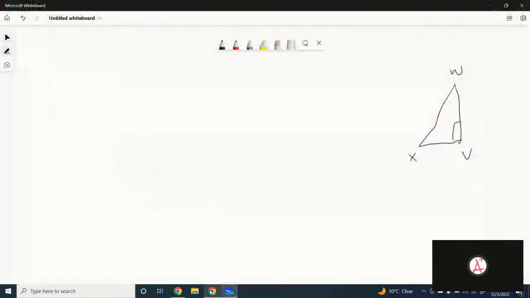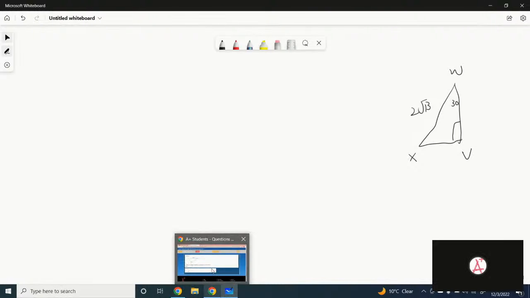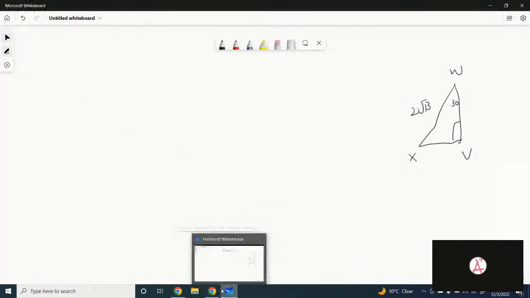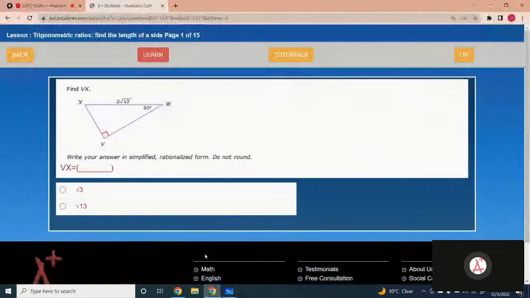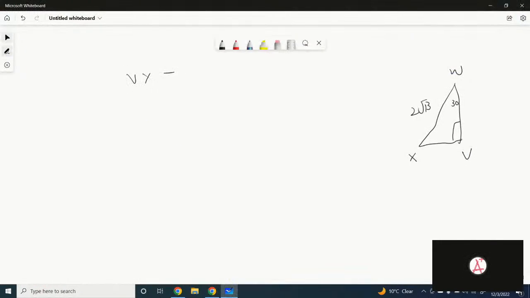Then you have 30 and 60 at X. The hypotenuse is 2 over square root 13. You have to find the value of Vx.